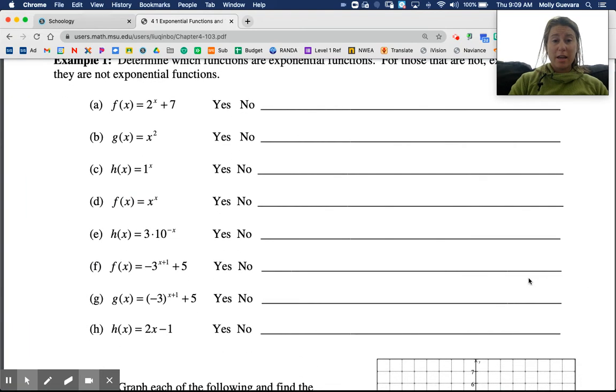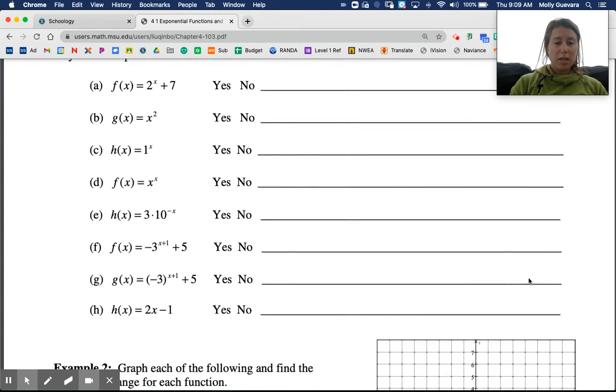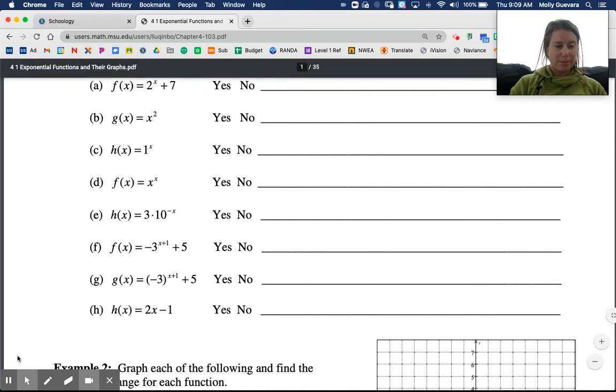I want you guys to try this. You're going to hit pause on the video and try it. See if you can determine whether or not this is an exponential function or not. Just circle yes or no, and then we can talk about the ones that are not.